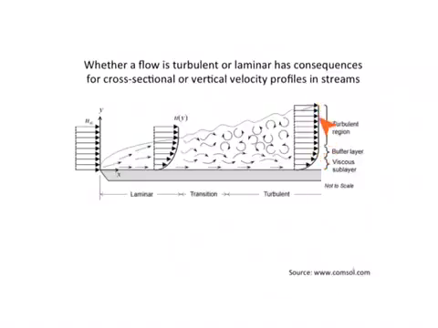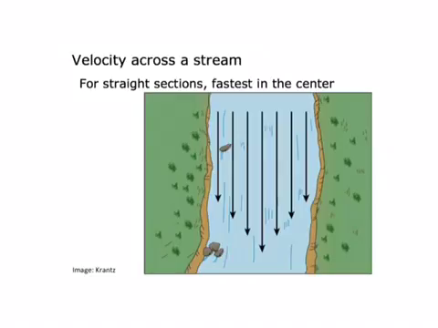But within the turbulent region, velocities are relatively consistent with depth. So this also applies if we look down on a stream, because there's also a no-slip condition at the stream banks. You'll also see velocity going down to about zero at the stream banks, so no slip applies here. Whereas in the center of the channel, in these regions, velocity ends up being the fastest.